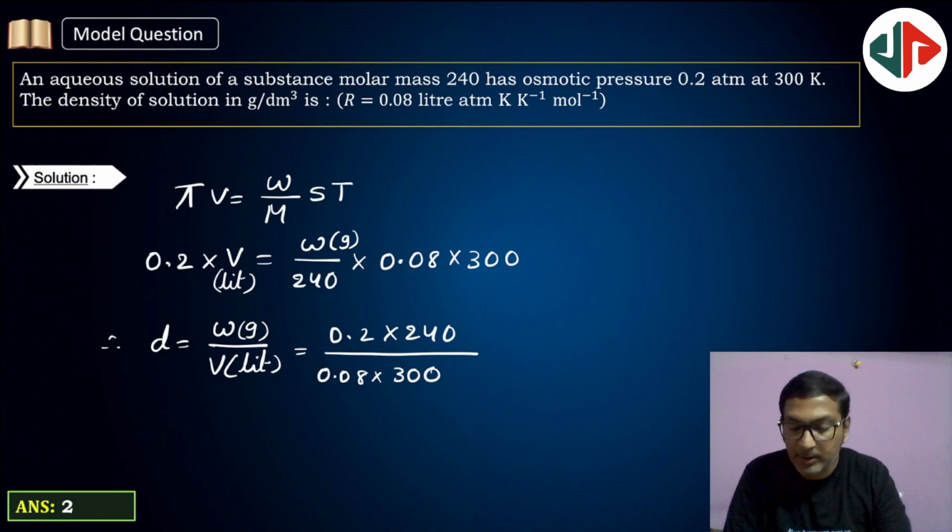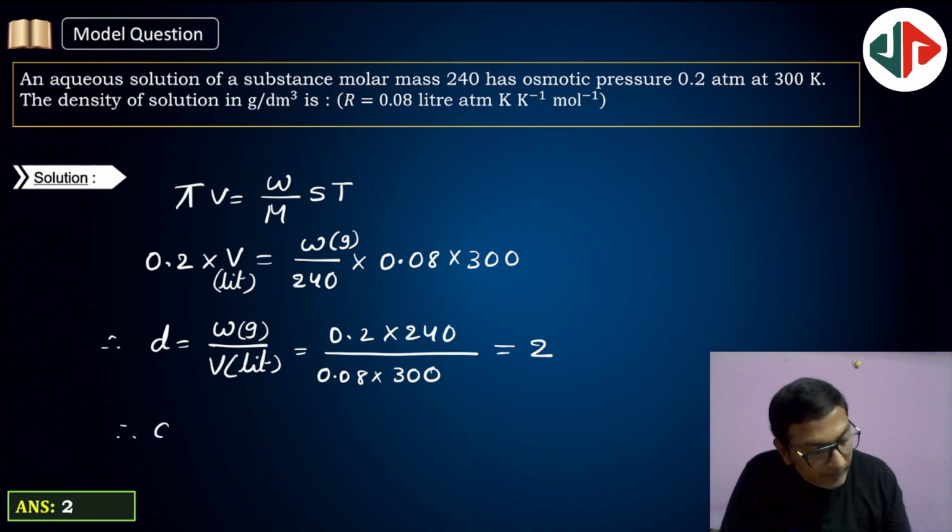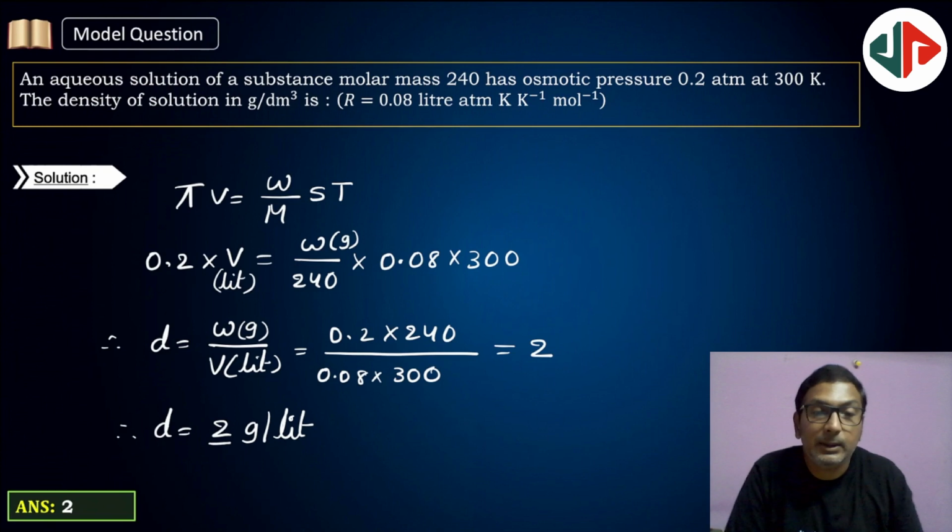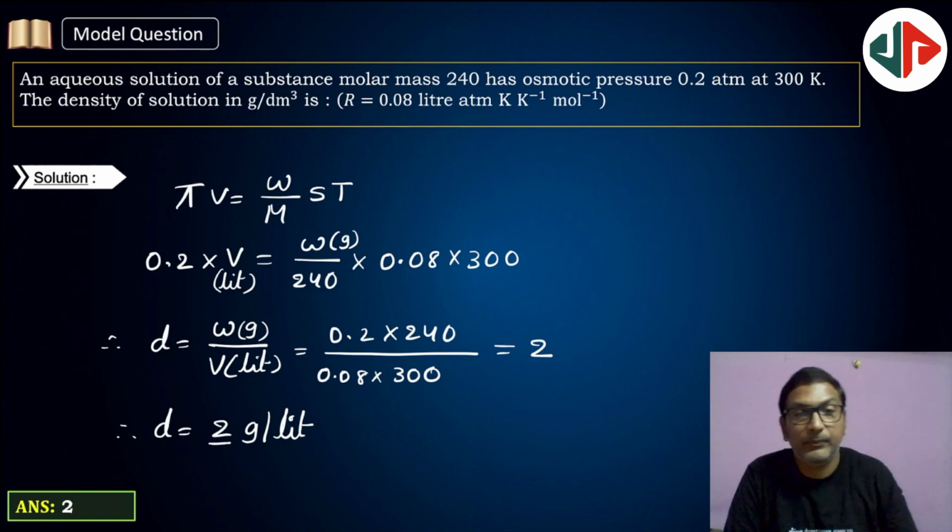So this value approximately will be 240 into 0.2 divided by 0.08 divided by 300, which is equal to 2. Therefore, density is 2 grams per liter. This is the answer. 2 grams per liter. Next.